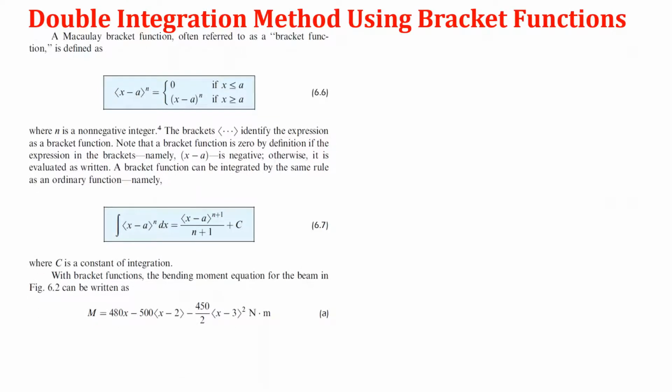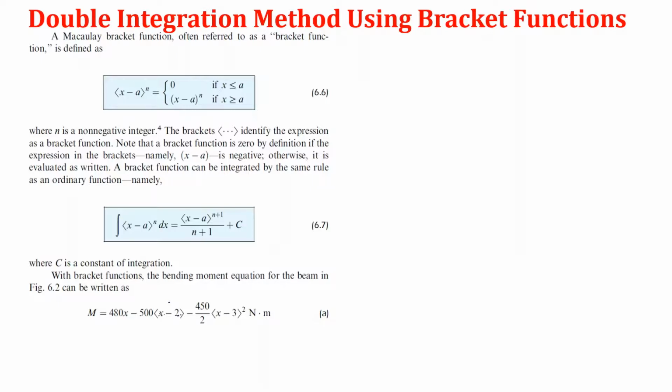Let's apply the Macaulay bracket function. What the Macaulay bracket function means is that if the answer inside the bracket is zero or negative, we will not consider that term anymore.